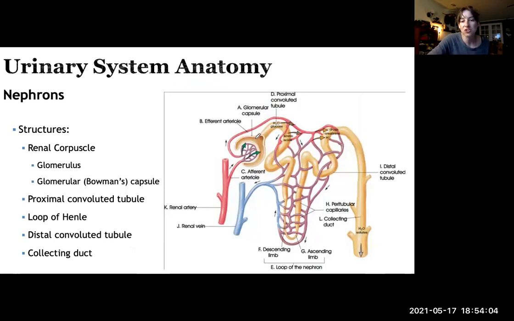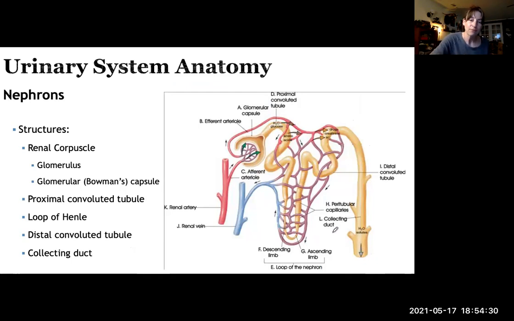So the tube starts in this weird ball, and then it has a squiggly part, and then a long parallel part that extends down into the medulla, another squiggly part, and then it connects to another long tube that goes all the way down the medulla to the renal pelvis. Okay, so this is the part that basically deposits whatever is left waste-wise into the renal pelvis to be excreted as urine.